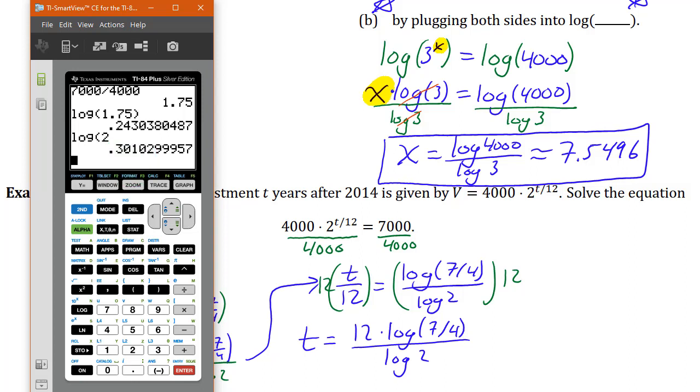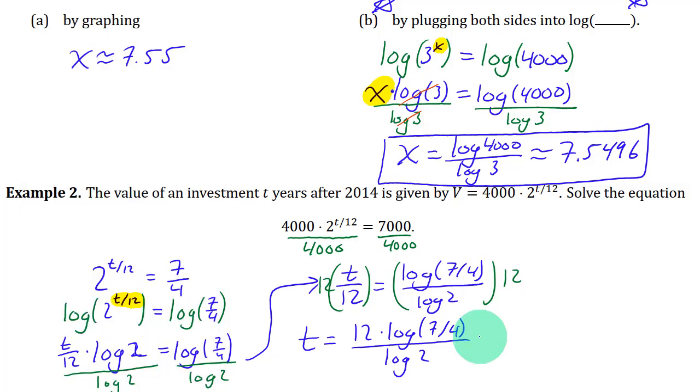And then when you do the log of 7 over 4 divided by log of 2, you might write that as 0.24 divided by 0.30, and then multiply that by 12, and you'll get 9.6.